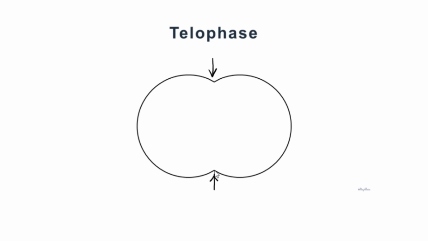So we always draw the cell to indicate the beginning of the cytokinesis, which is the formation of the cleavage furrow, a groove that starts to be contracted by the contractile ring of microfilaments from outer inwards. And in the cytoplasm of the cell, the nuclear envelope and nucleus reform.